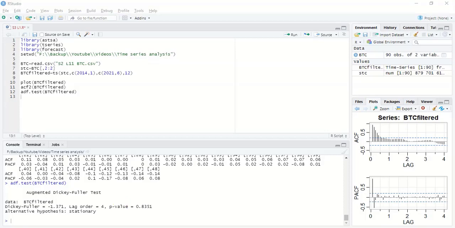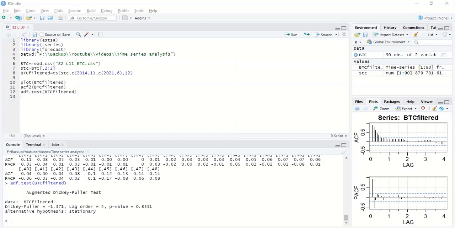Before I do that, I want to explain more about this ADF test. The ADF test is a common statistical test that we use to test whether a given time series is stationary or not. It is actually the most commonly used statistical test when it comes to analyzing the stationarity of a series.